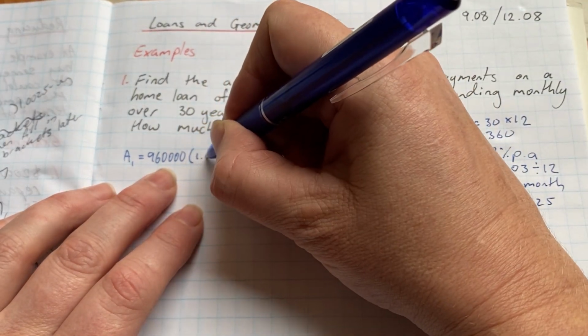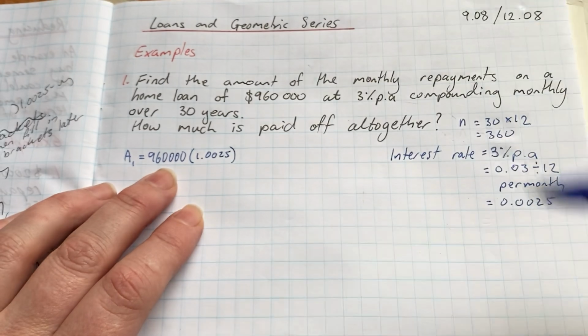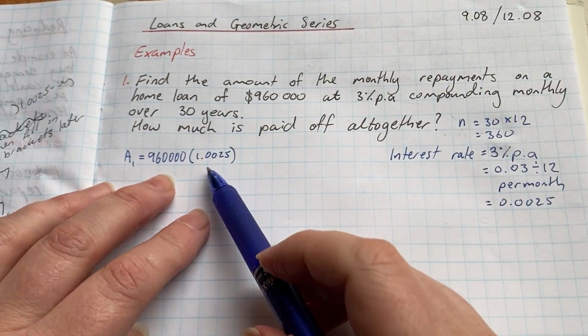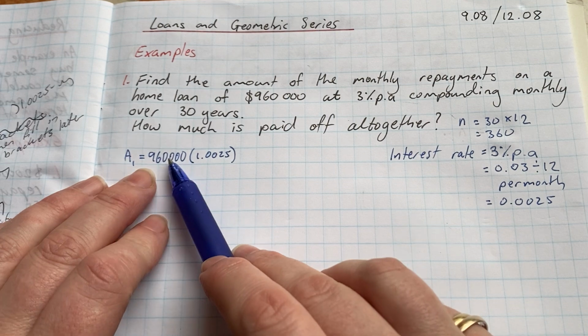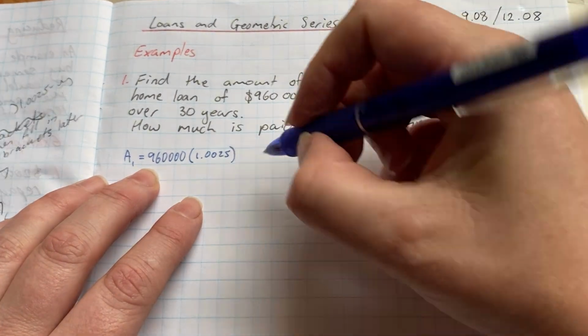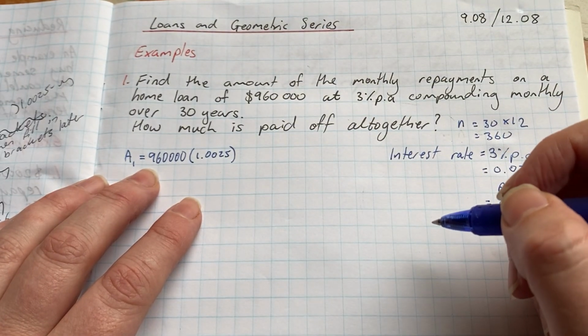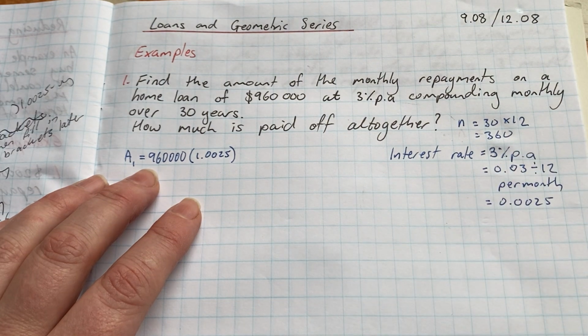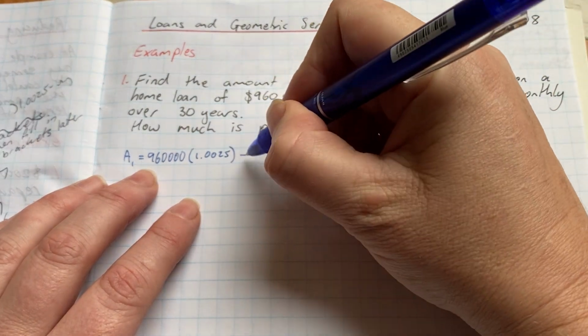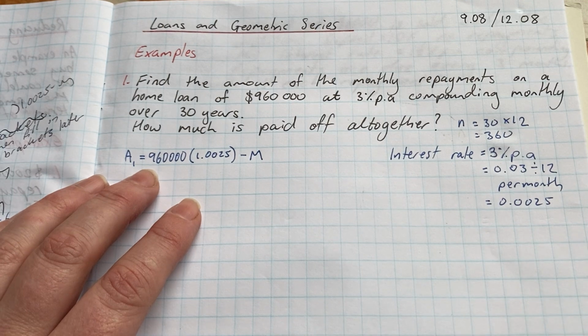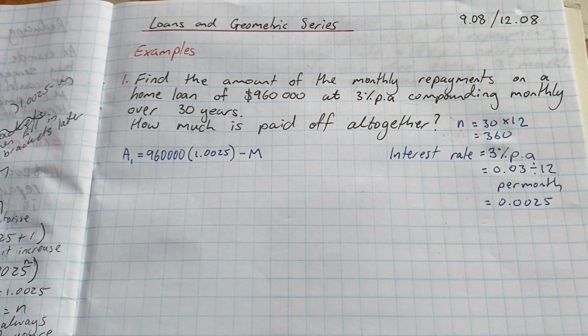So that's 1 plus the rate. Okay, so a month's worth of interest has gone on to our loan. Our loan has increased. And then we take off a repayment. Now, we don't know what the repayments are at the moment. We tend to use the letter M for repayment, M for monthly repayment, I guess. But even if it's not monthly, we still tend to use the letter M.